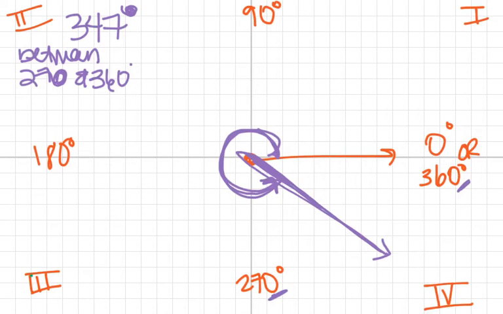All right, so let's talk about the reference angle. Remember, the reference angle always connects to the x-axis. So for our reference angle, we're looking not at this space, but at this space. How far is that?